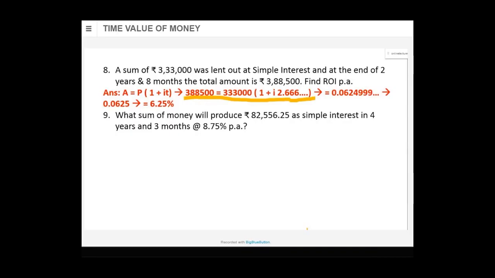I'm waiting for the answers. With a calculator, you have to do it. I told you the formula also. Substitute the values and find out.